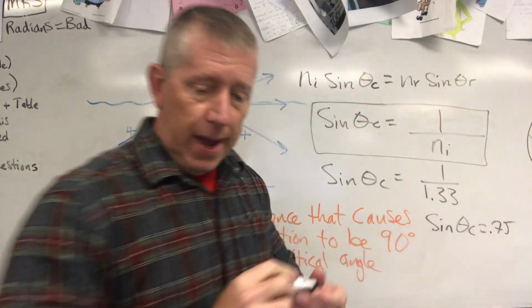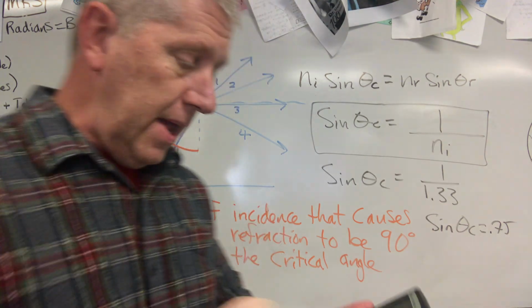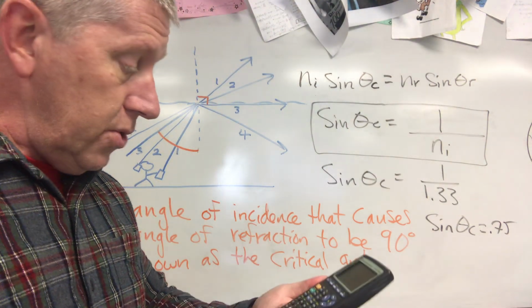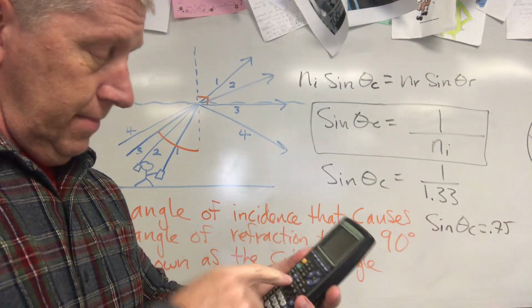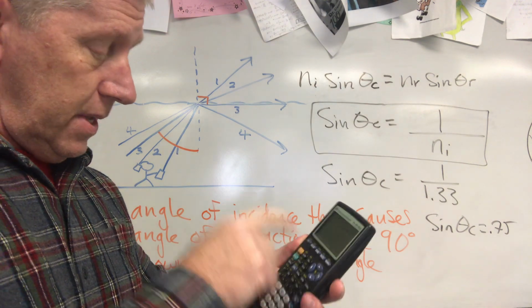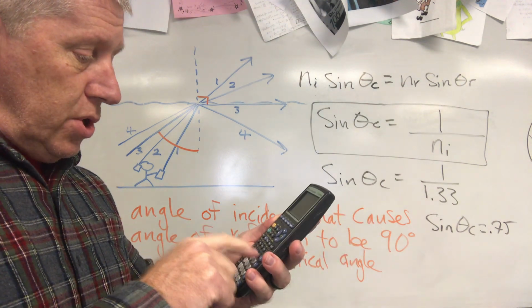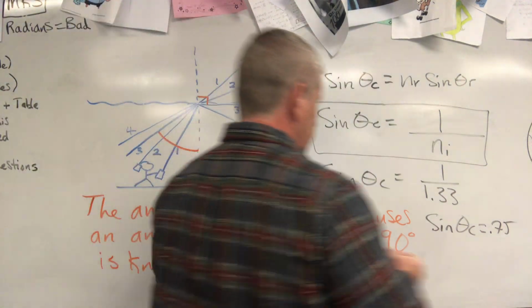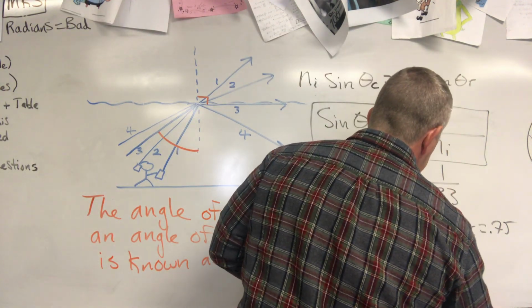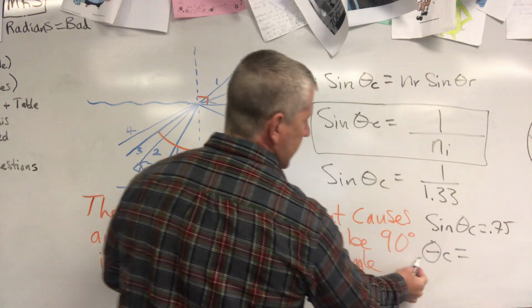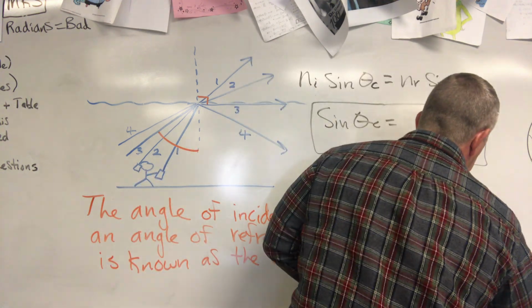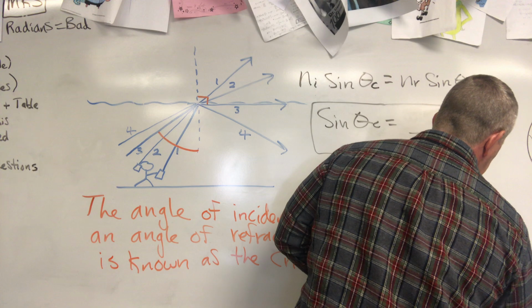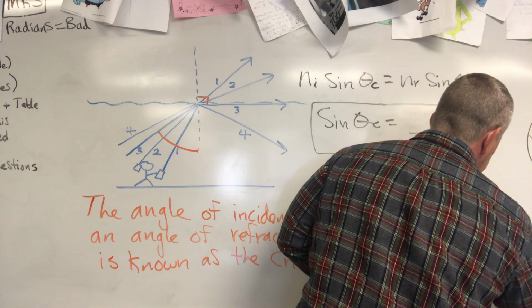And so now, inverse sine that. Second function, sine, second function. Answer, 48.8. So the critical angle, theta C, for water, is 48.8 degrees.